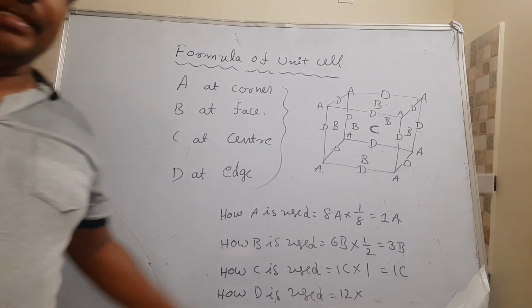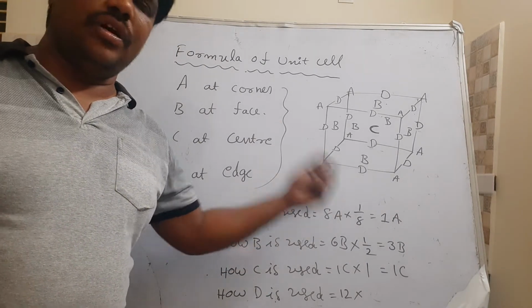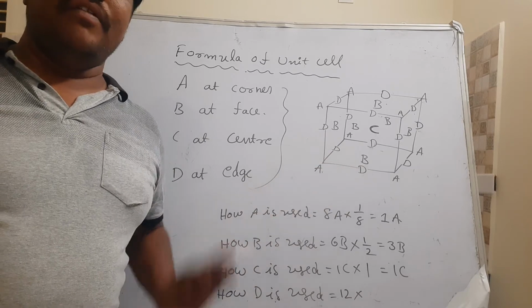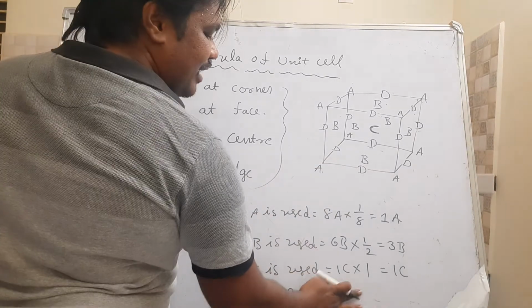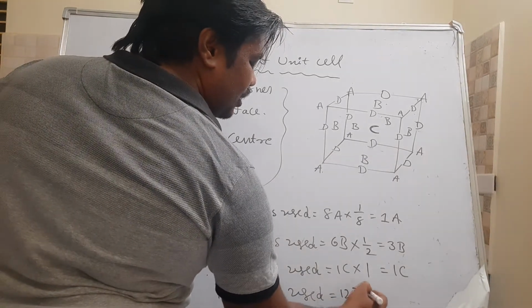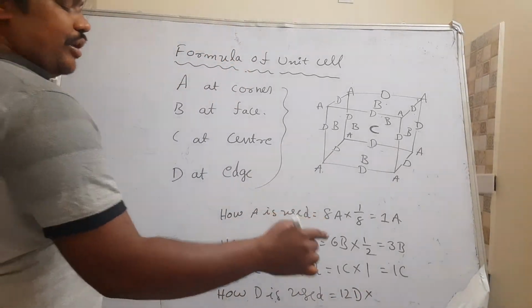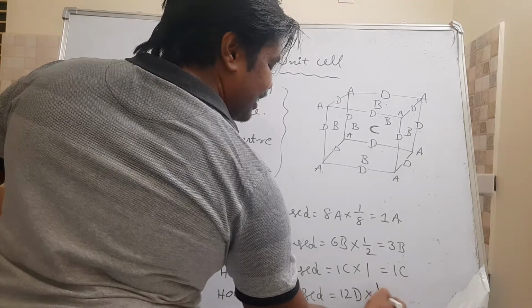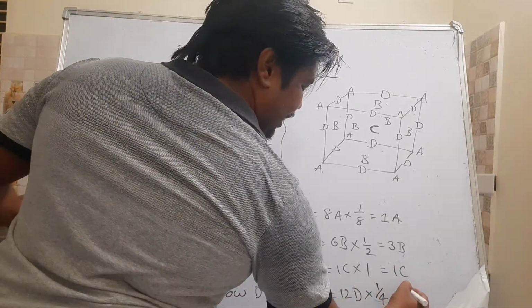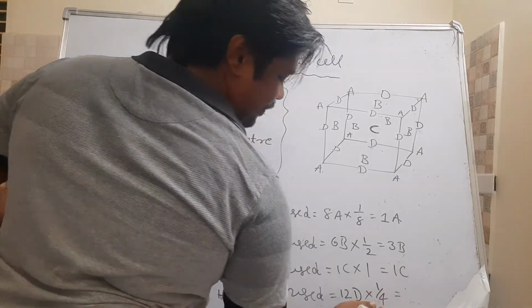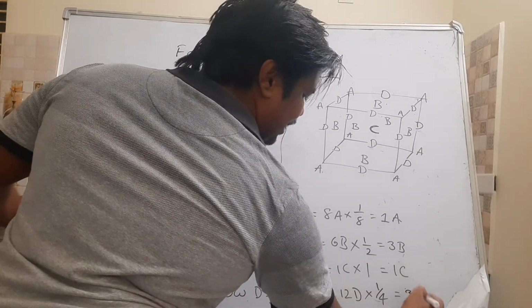Any cubic unit cell has 12 edges. So 12 into D, each edge contribution is 1 by 4, as we discussed in the last class. So 3 D atoms are used.